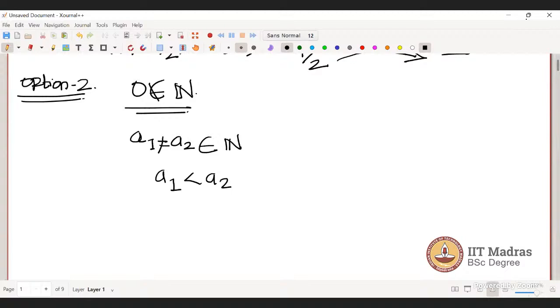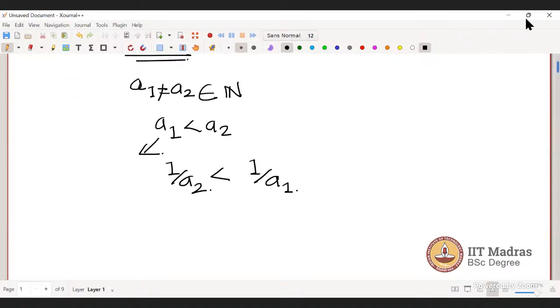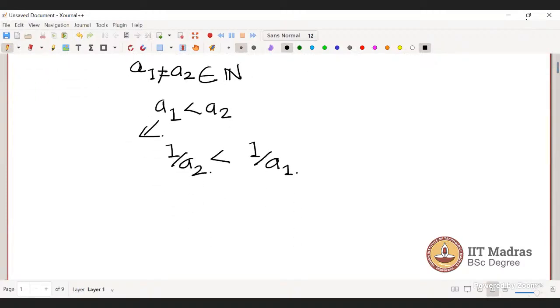Okay. So that means you can say that 1 by A2 is less than 1 by A1, correct? Yes, sir. Right?